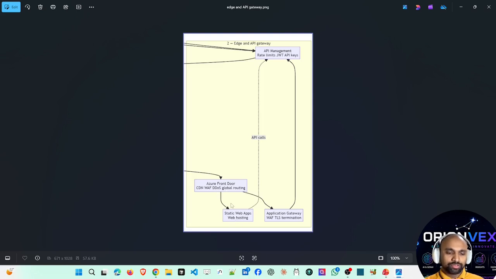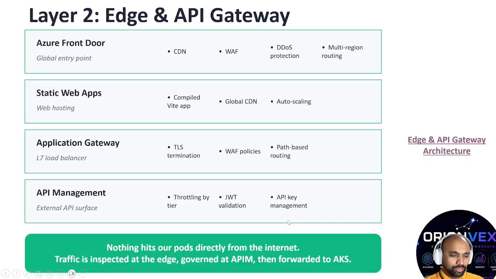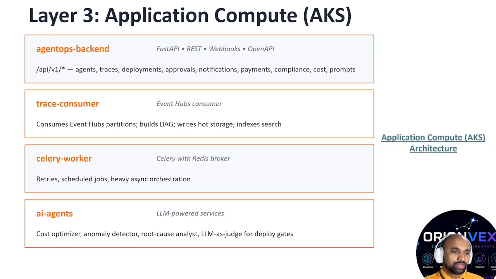It will go to the static web apps and the application gateway, with web application firewalls and transport layer security termination. Nothing hits our ports directly from the internet. That's the advantage. Traffic is inspected by the edge devices, governed by the APIM, and then forwarded to Azure Kubernetes Service. Layer 3, the application compute, runs on top of Azure Kubernetes Service. So let's see.